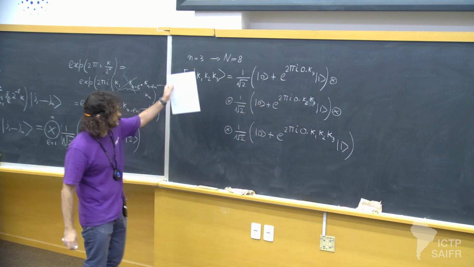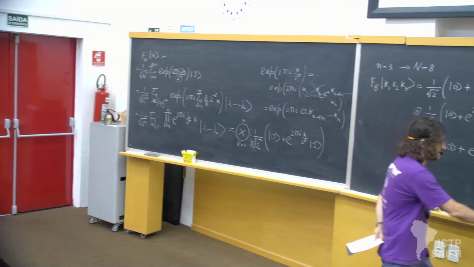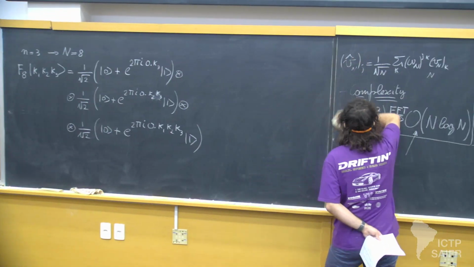So this is our state for 3 qubits. Now the circuit becomes quite easy to draw.